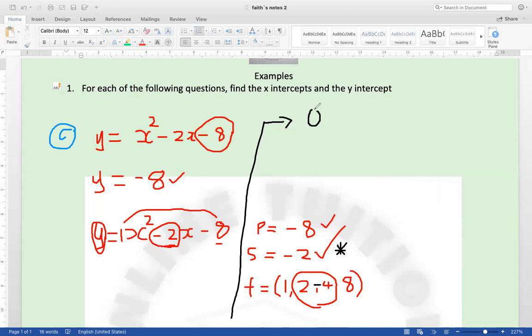So we have y is equal to x squared minus 2x minus 8. Now, if you look here, we are saying that where there is this term, we are going to substitute the term with these two. And here we are saying the 4 as a negative.